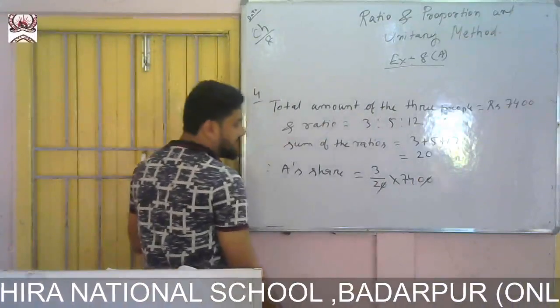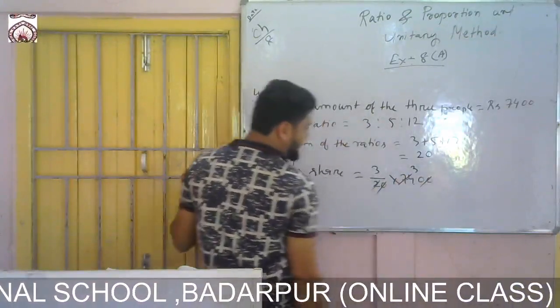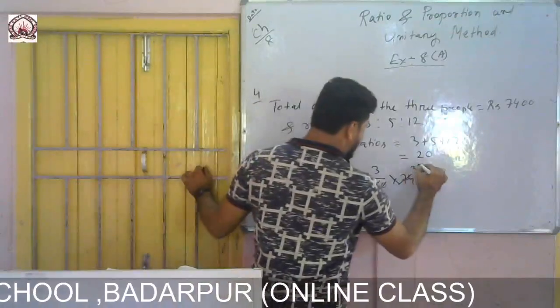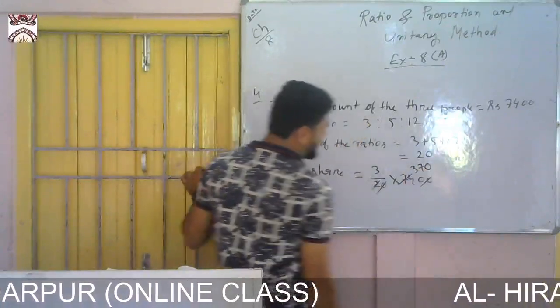So cancel it. Then 2 threes are 6, remain 14, 2 sevens are 14, so 0 here.